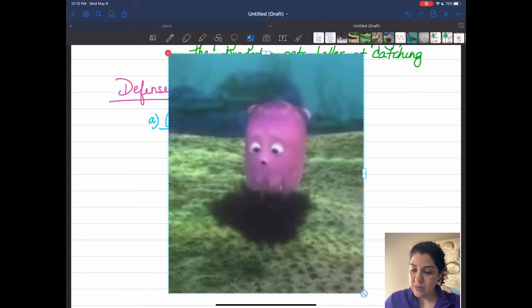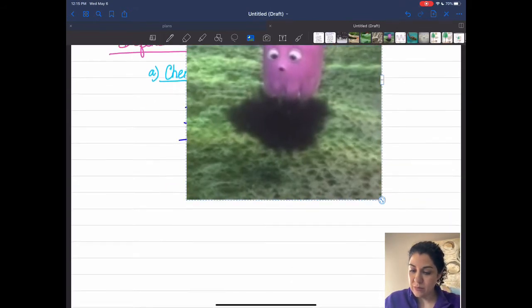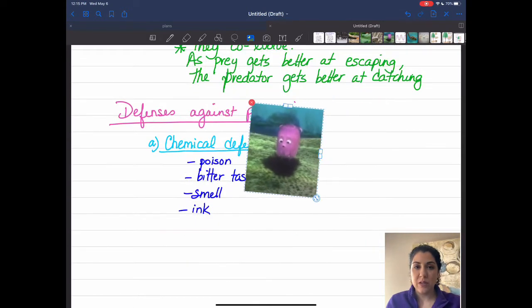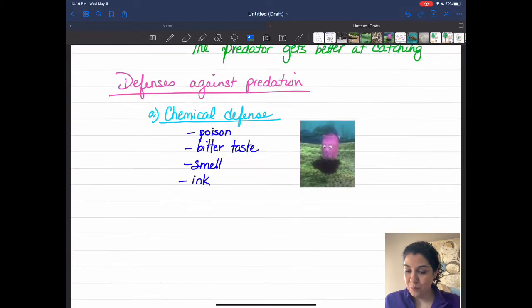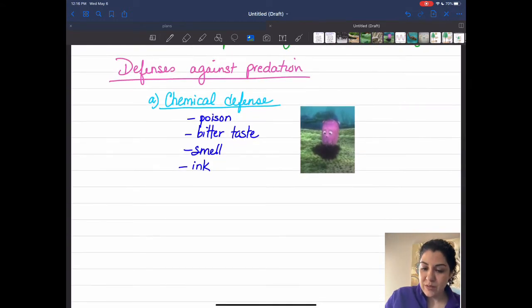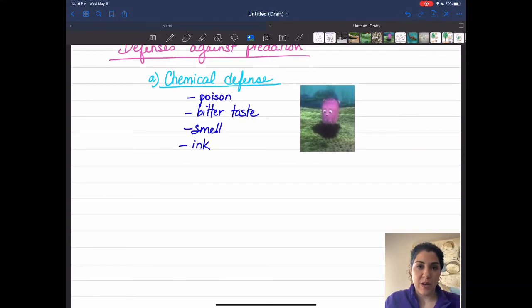Probably remember this scene from Finding Nemo, where the little squid releases ink and it says, "Oh, you guys made me ink." Okay, so that is also a defense against predators. The inking from the squid causes the predator to become disoriented, and therefore the prey has a chance to escape.